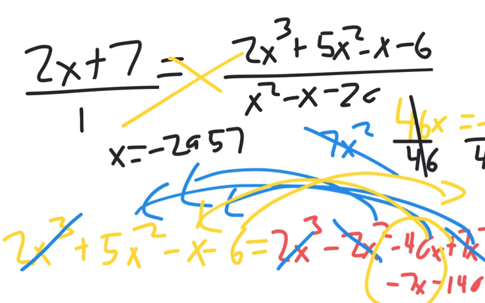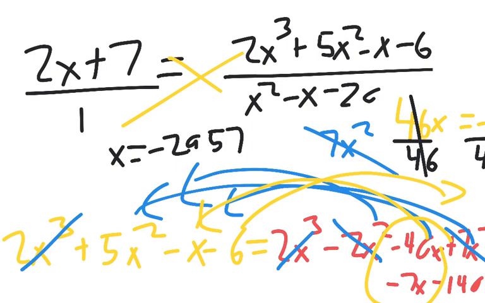Did I mess up? Negative 46x and negative 7x, I think you messed up there. You said negative 42x. Right here? This part? Yes. That should be negative 47x. Then if I move it over, that should be a positive 47x minus x. Should be 46x. That part looks good. Give me just a second. I've messed up somewhere probably. Negative 2x squared, that's a positive 5x squared. Negative 5x squared.